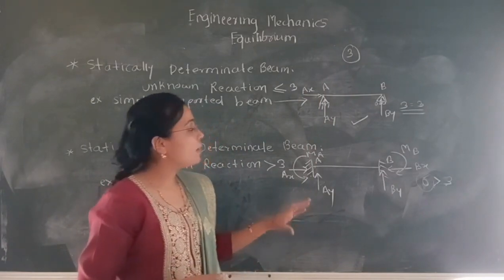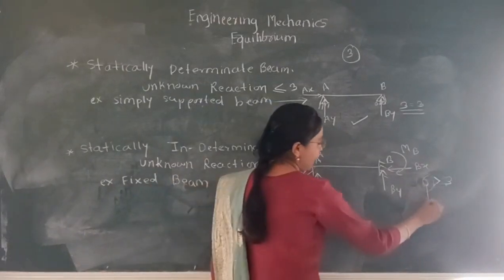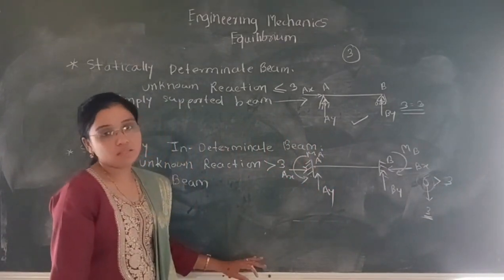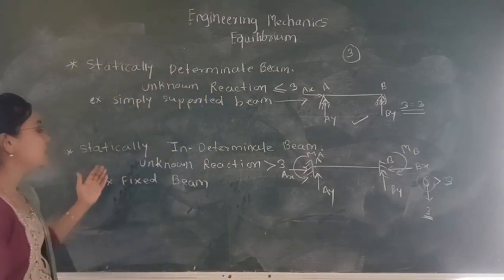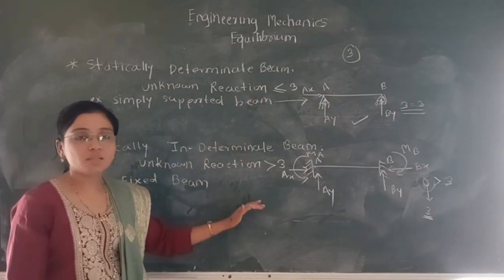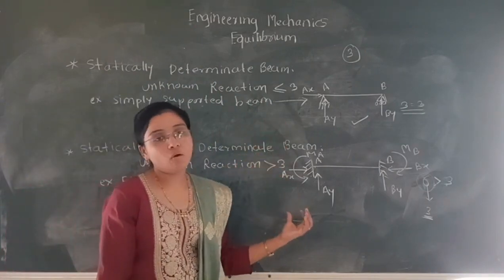We have only this much part, and the remaining 3 reactions are nothing but its indeterminacy. Okay, so this is a statically determinate beam and a statically indeterminate beam, and this is the standard condition that we can use to show whether the beam is statically determinate or indeterminate.